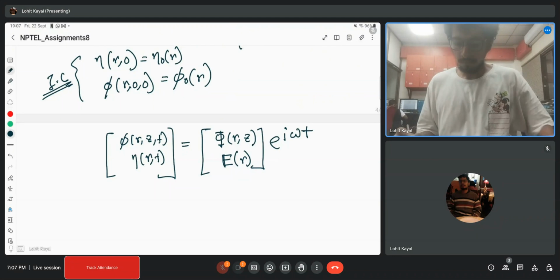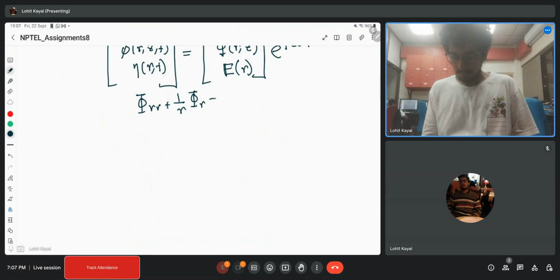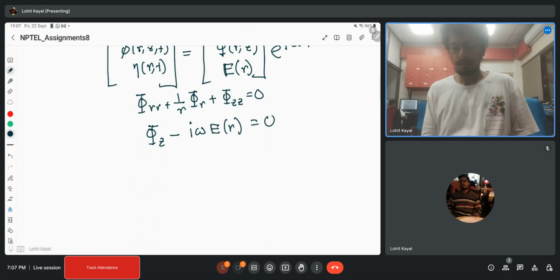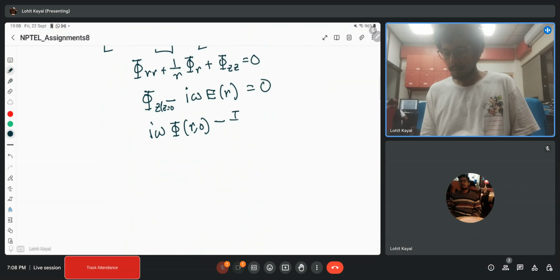Now if we do substitution in these three equations, we will have this phi z at z equal to 0, and then i omega phi minus T by rho times eta rr plus 1 by r eta r is equal to 0.